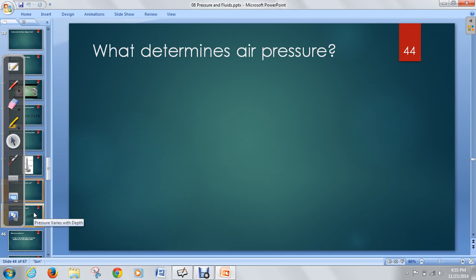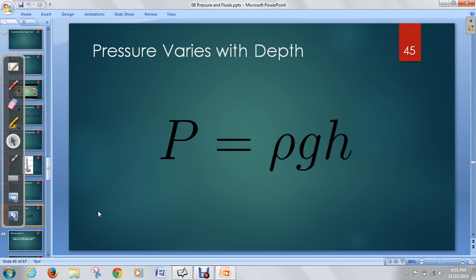The equation is basically how the pressure varies with depth. The pressure P is equal to the density of the fluid, rho, times gravitational acceleration, g, times the height, or what we would call the depth of the fluid. I apologize for the bad spelling on the touchpad.